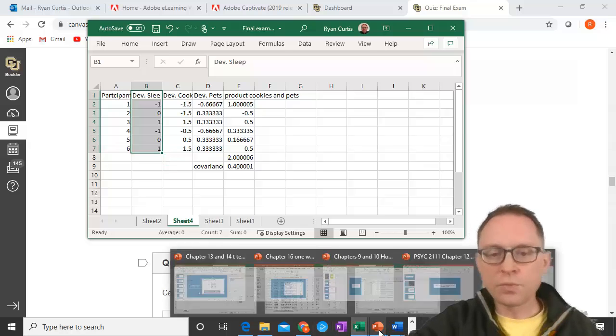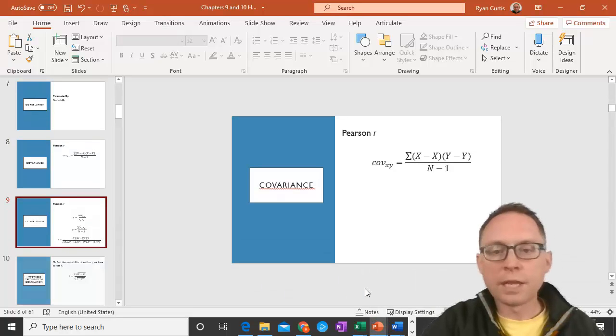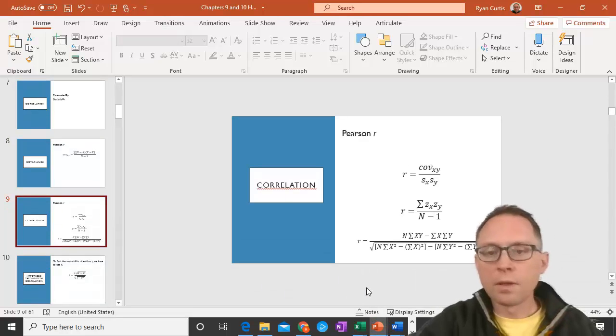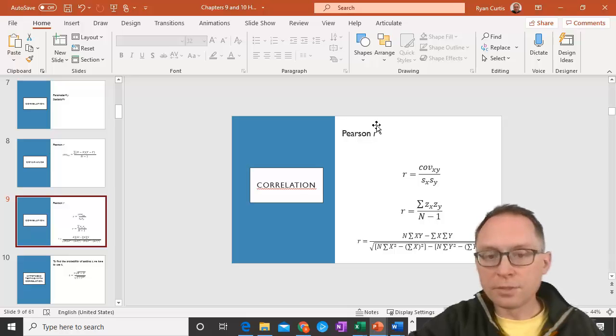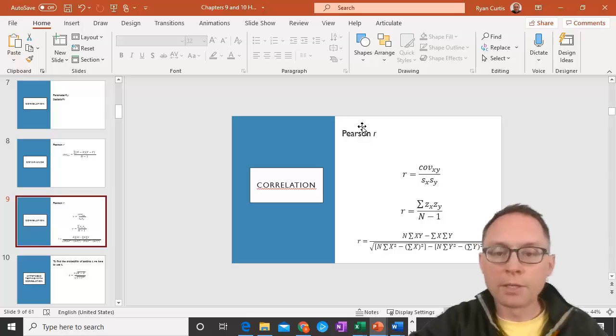Well, the easiest way, you remember, when we're calculating, is to take our covariance divided by the standard deviations. All right? Or we can do the sum of the z-scores over n minus 1, or we can do this big, long formula right here.